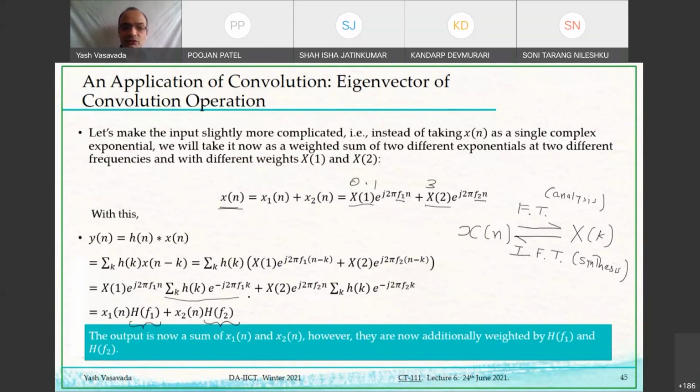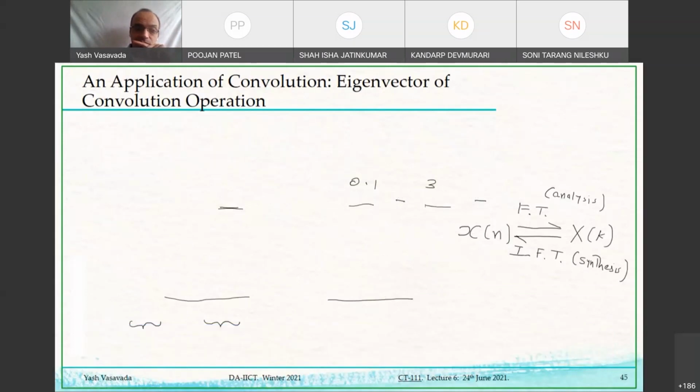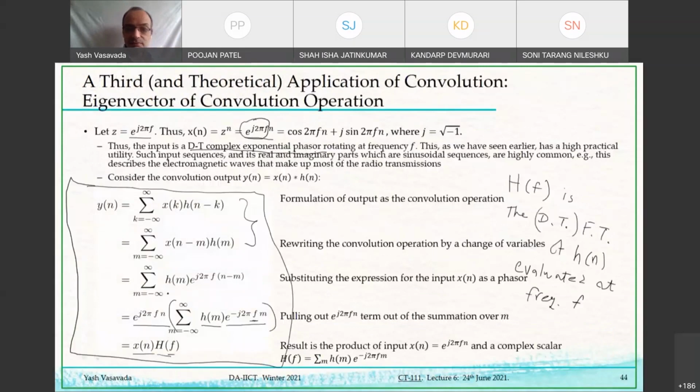This is the formula for Fourier transformation. This is the formula for the analysis operation. Here we are analyzing h of n at frequency f1. Here we are analyzing at frequency f2. Same thing we did here. Here we analyzed h of n at frequency f, and therefore we called it the Fourier transform of h of n evaluated at frequency f.